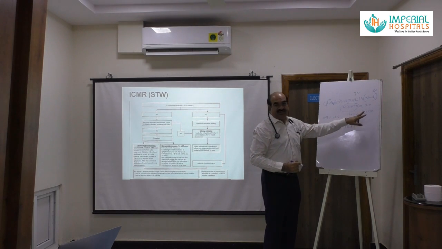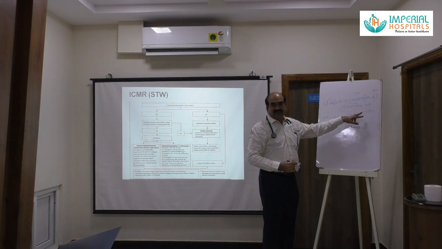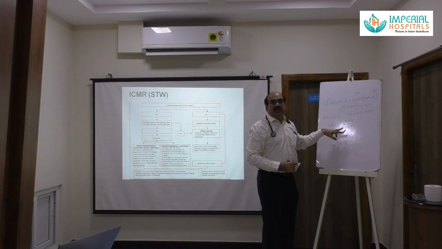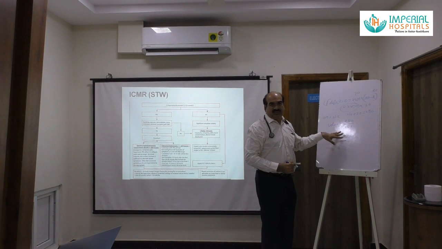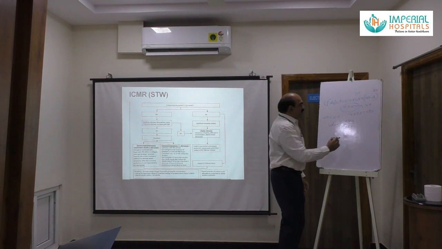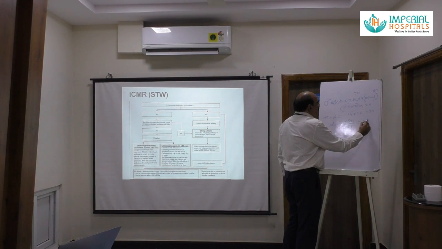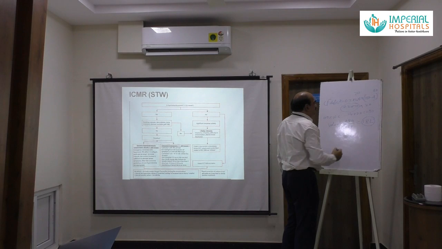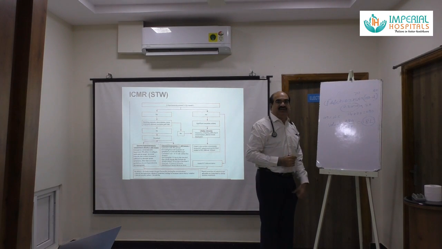The chloride deficit is 280, divided by the sodium present in the IV fluids. We are giving normal saline, so it is 154. It means we have to give around 1.8 liters of normal saline.